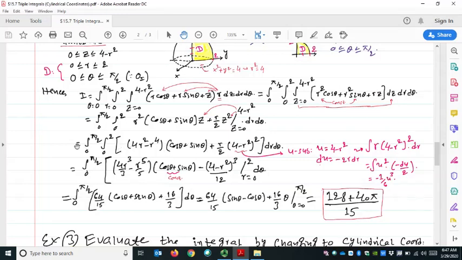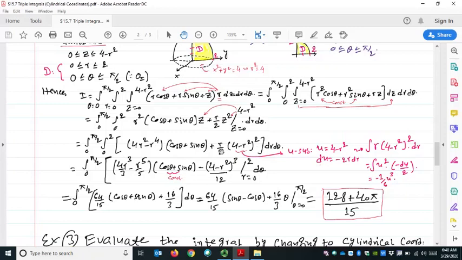And in this line, write down the theta integral, write down the r integral, and then simplify these expressions using z equals the upper limit 4 minus r square and the lower limit z equals 0. When you put z equals 0, the lower limit, everything disappears, so put z equals only the upper limit and simplify, which is this expression here.